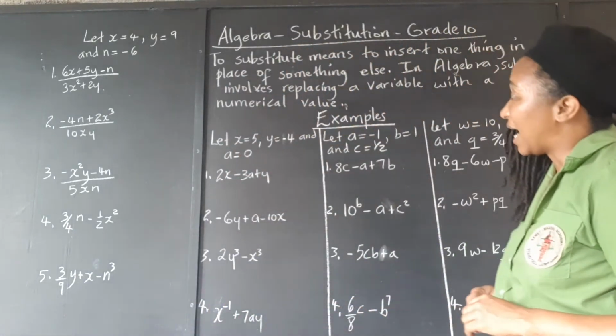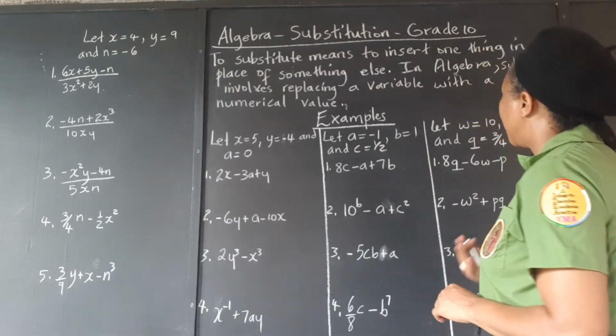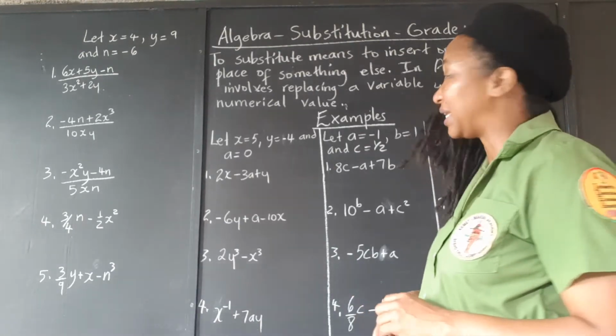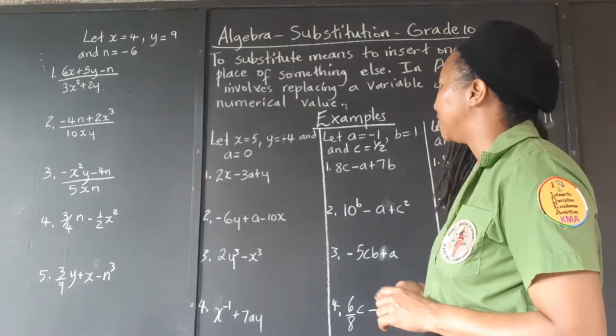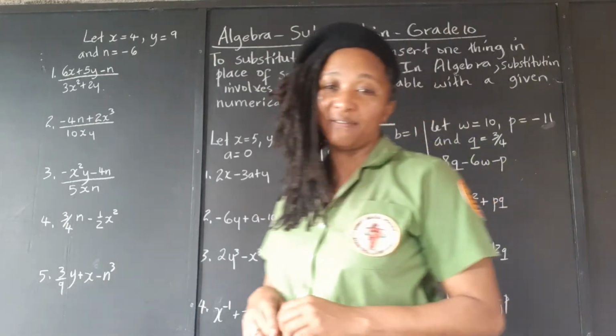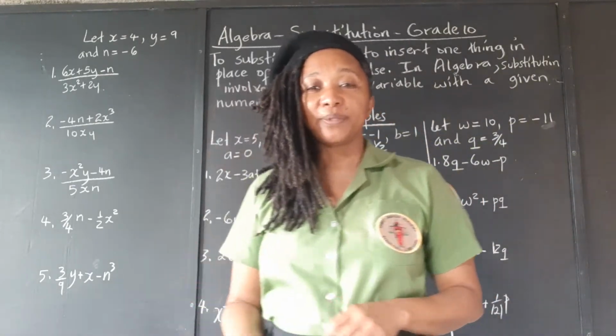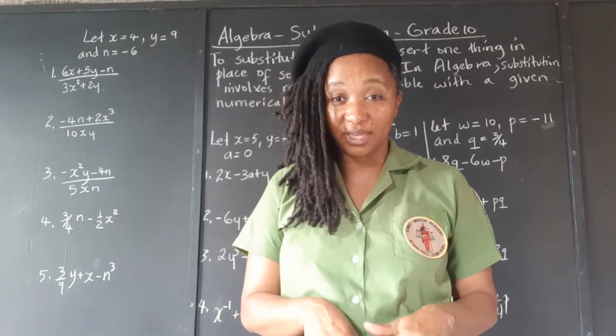So the definition I have on the board: to substitute means to insert one thing in place of something else. In algebra, substitution involves replacing a variable with a given numerical value. So to substitute is to take one thing and put it in the place of another thing.